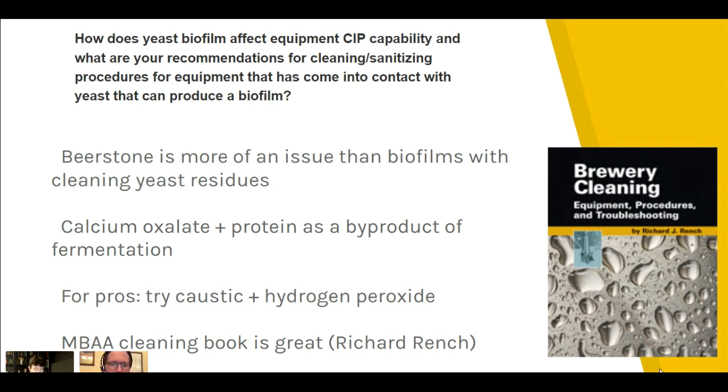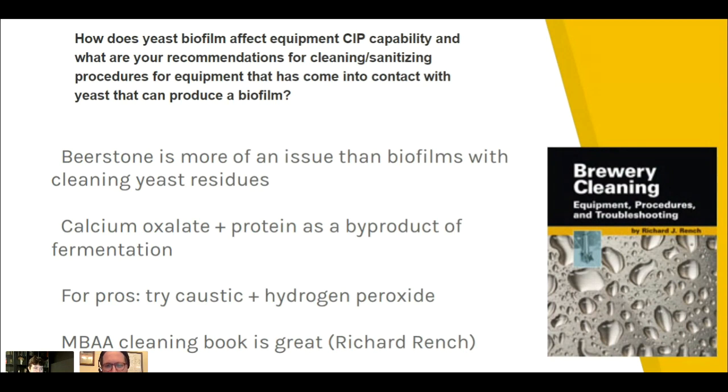So that's the inorganic calcium oxalate and protein deposits that are produced as a byproduct of fermentation, especially when you have more mineral-rich water, right? If you have higher calcium content, this can be more of an issue. For us here in Guelph, where our water is hard as a rock, this is something that we struggle with constantly.